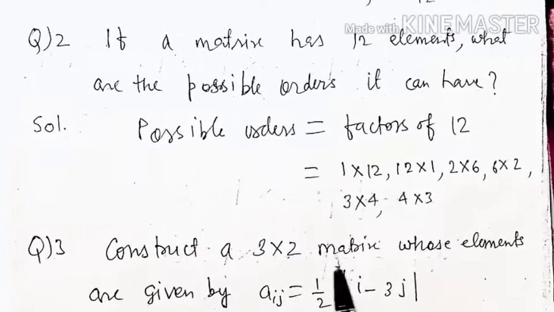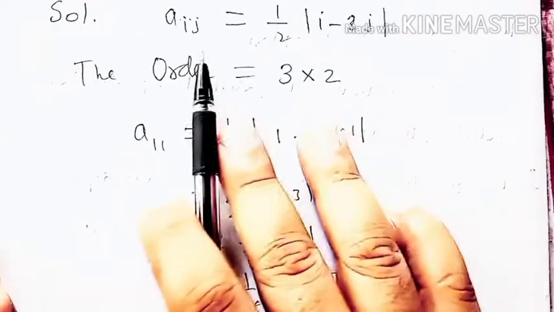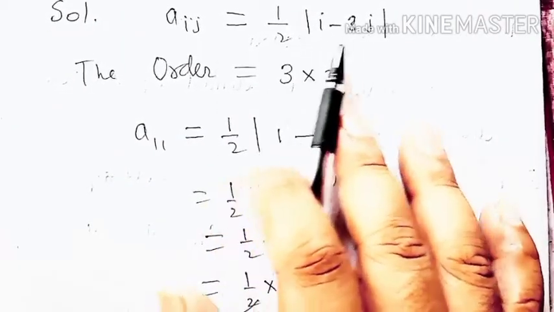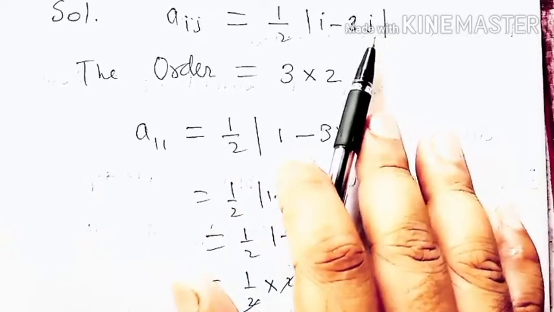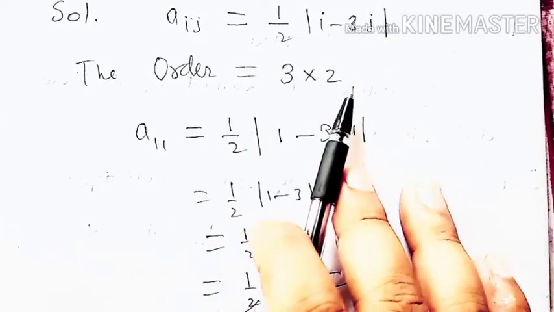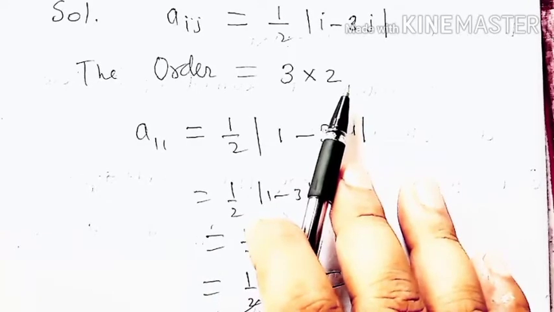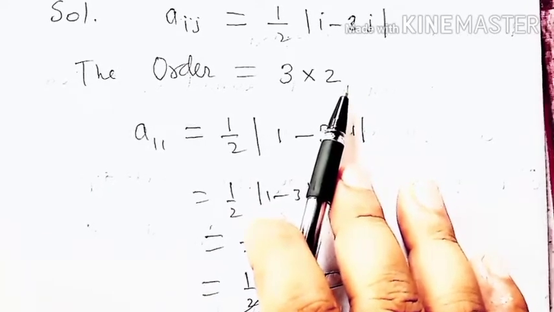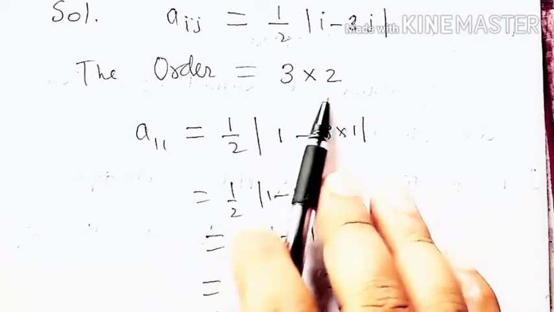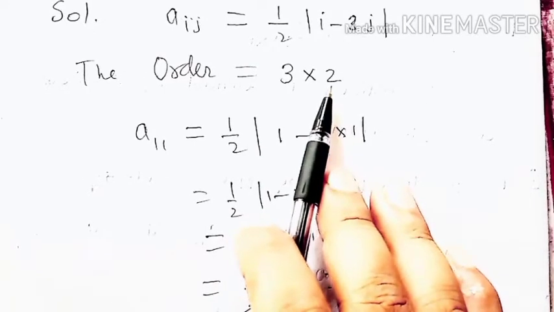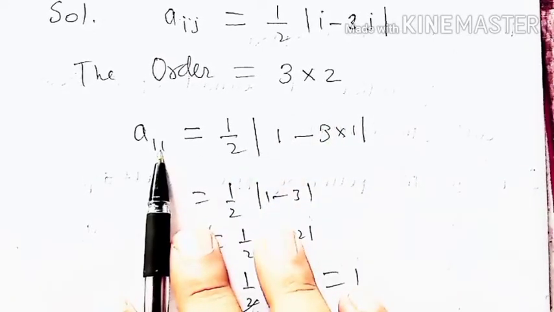Now let us do the next question. Construct a 3 cross 2 matrix whose elements are given by Aij equals 1 by 2 within modulus i minus 3j. Here Aij is equal to half of the modulus of i minus 3j and the order is 3 cross 2, meaning this is a matrix having 3 rows and 2 columns. So we can find A11.